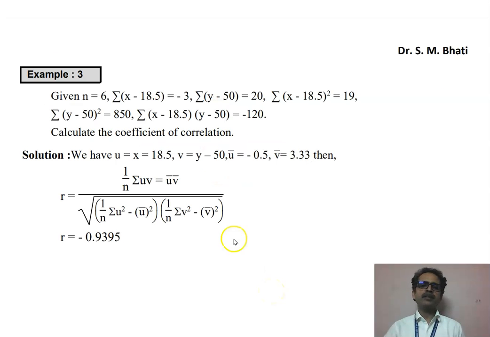Now we will see the third example where we are given n is 6, summation of x minus 18.5 is minus 3, summation of y minus 50 is 20, and some other equations are also given.